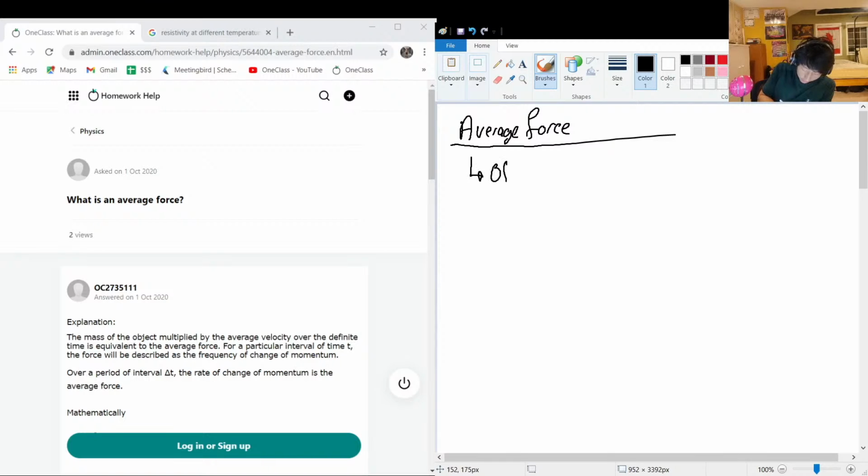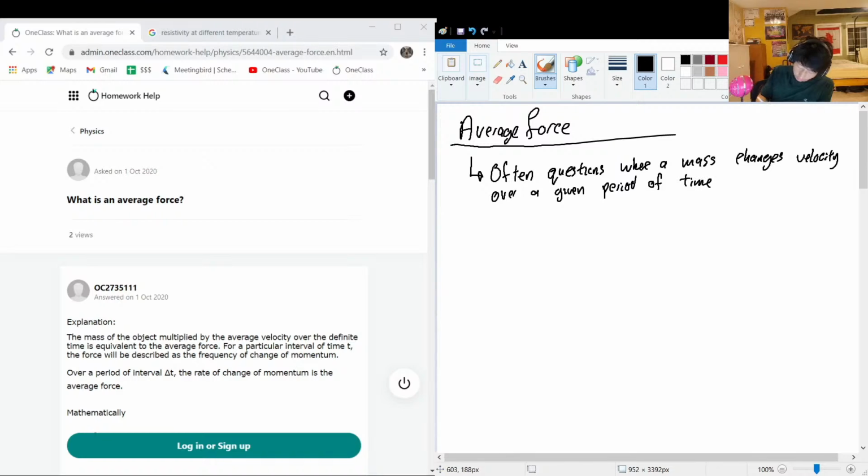So often questions where a mass changes velocity over a given period of time ask for average force.